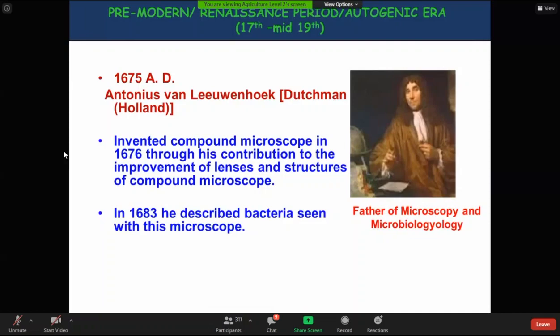Who is the father of botany? And who is the father of microscopy and microbiology? Antony van Leeuwenhoek or Antonius van Leeuwenhoek, whatever you can write. So what's his contribution?